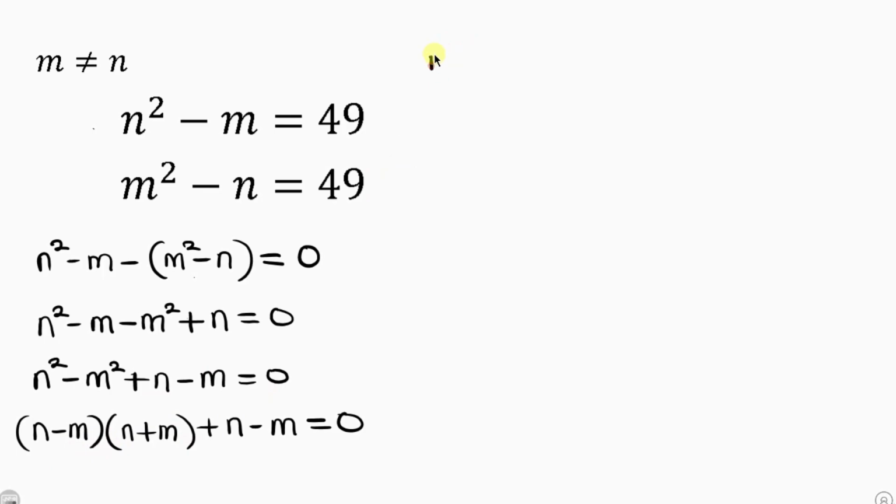So we have n minus m out. Now, what is going to remain here? So n minus m divided by this expression, I have n plus m. Now plus, now n minus m divided by n minus m, I'm going to be having 1 equal to 0.